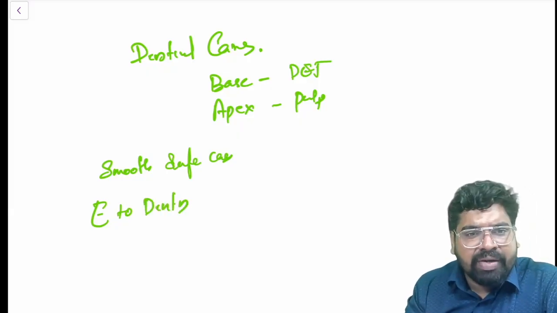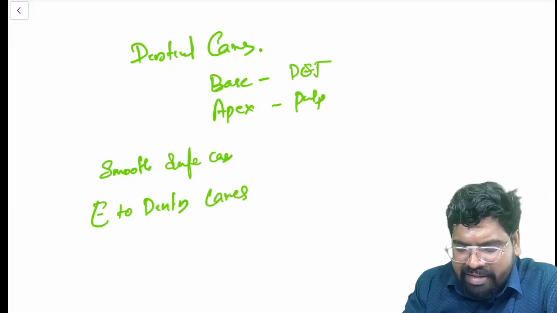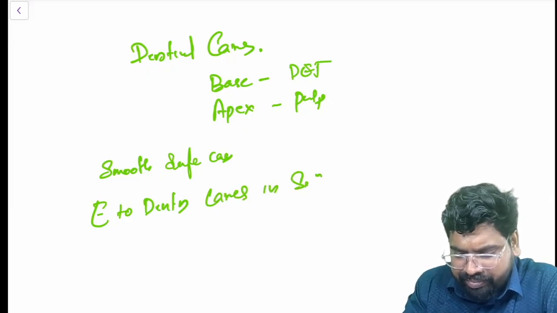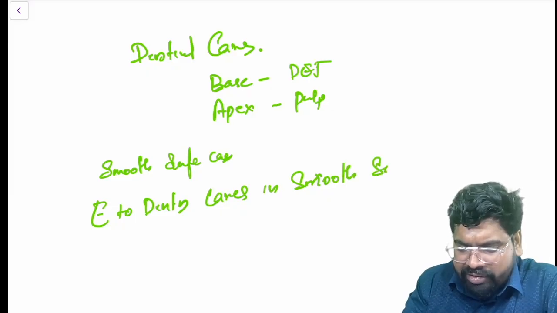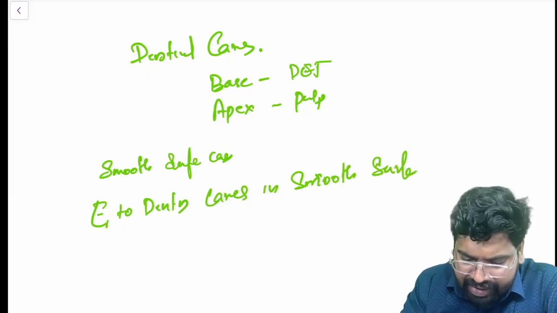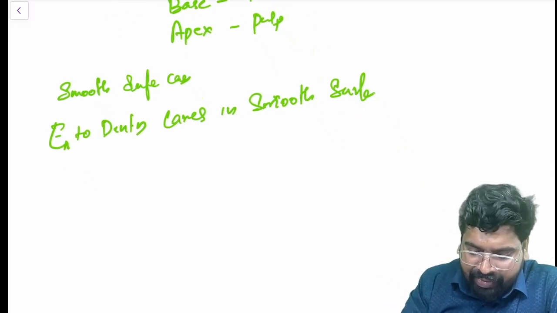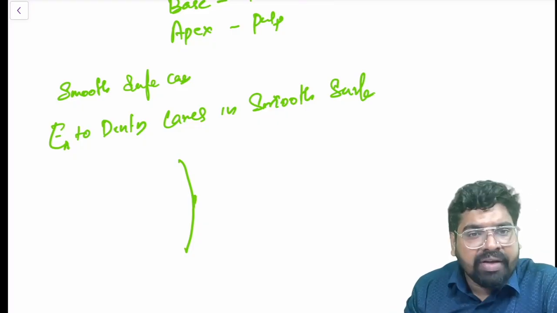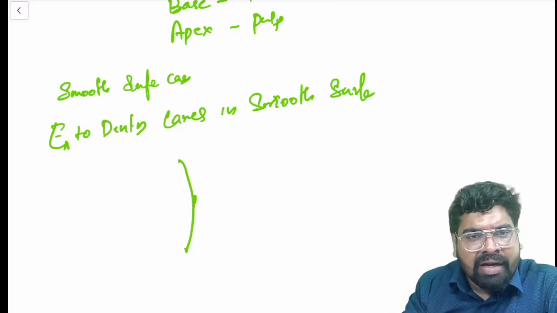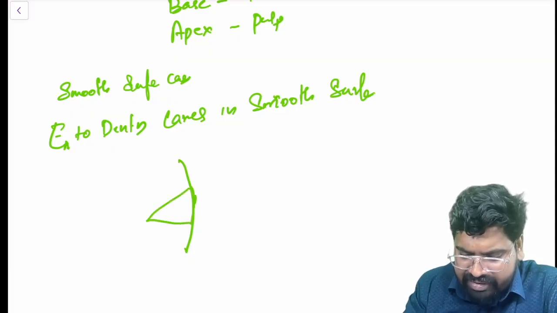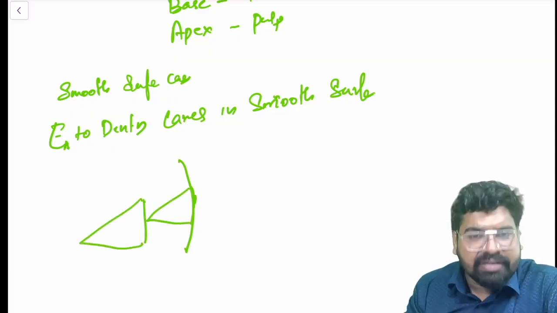So what is the relation between enamel caries and dentinal caries in a smooth surface? When you take a smooth surface, the enamel relation is like this and the dentinal relation is like this, right?